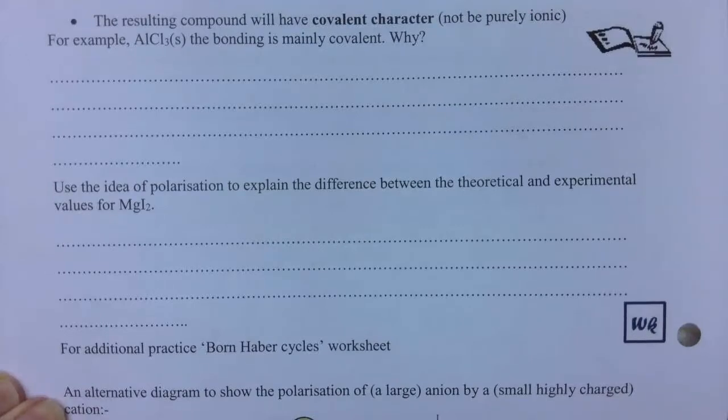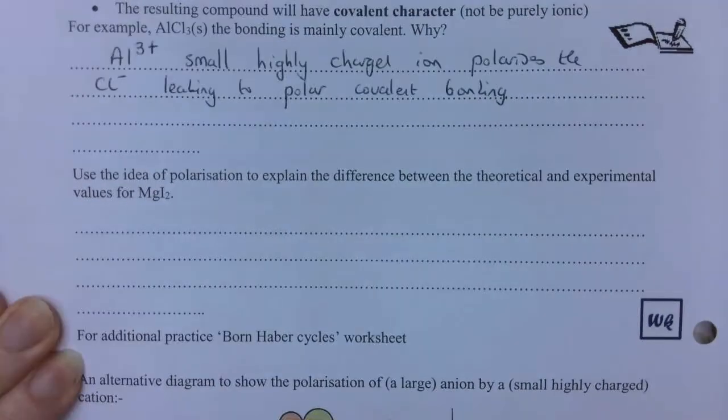In fact, in some cases, of very small, very highly charged positive ions, for example, the aluminium 3+ ion, it is so polarizing and it distorts the electron cloud around the chloride significantly, enough so that the bonding is considered to be polar covalent rather than ionic. So this small, highly charged ion polarizes the chloride to such a degree that the bonding is no longer considered to be ionic. It is considered to be polar covalent.